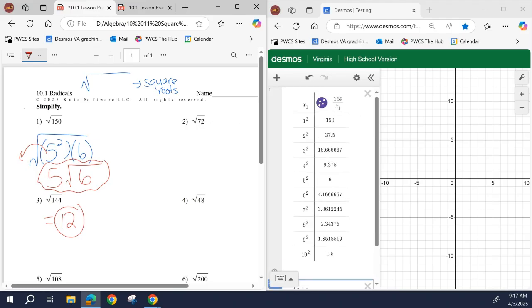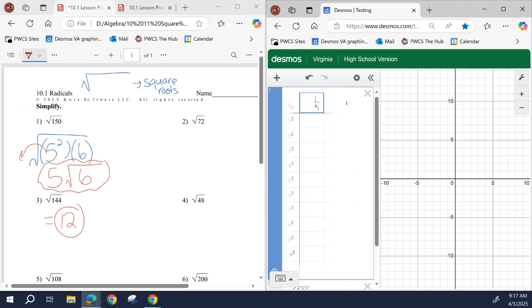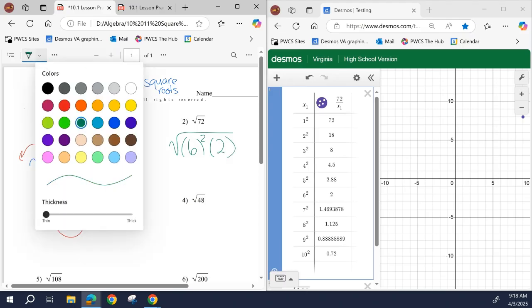So I'm going to come back up here. And if you keep the same table for every problem, you can just go change that top number. And now I'm going to look to find the smallest, nice, not decimal number in this right column that's here. So that means 72 is 6 squared times 2. So I'm going to rewrite this as 6 squared times 2.